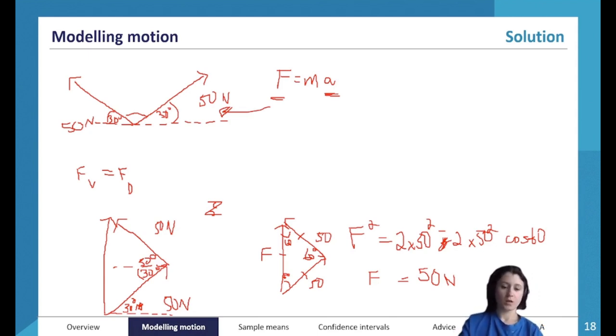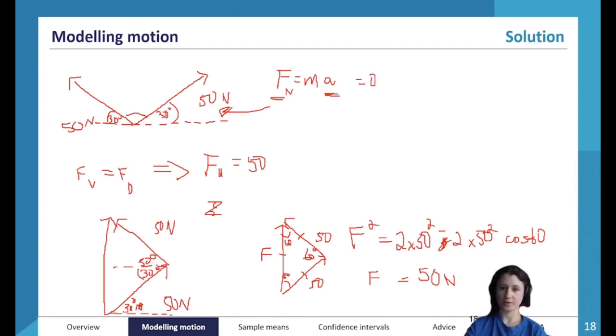Okay, moving on. So, we know that the force acting to hold that picture up is 50. So, the force up is 50. Now we know that the force down is equal to the force up. We have a net force of 0 because nothing is happening.